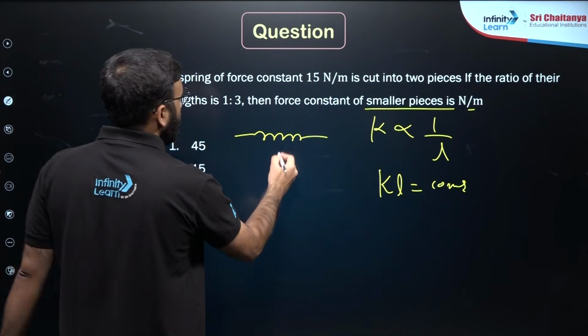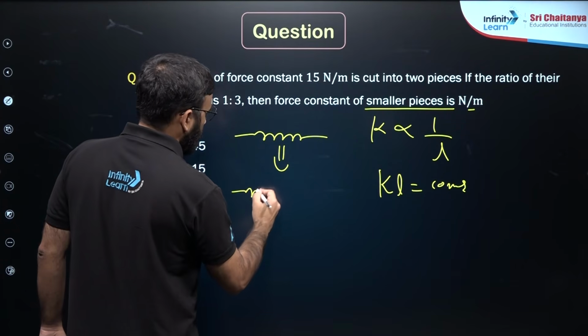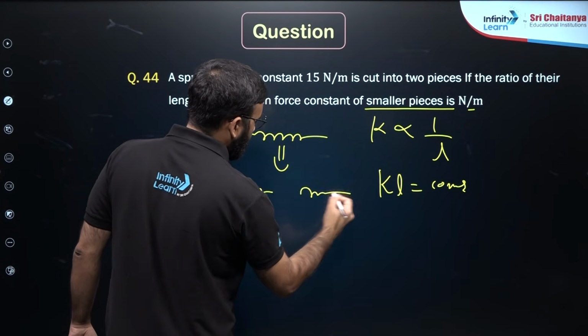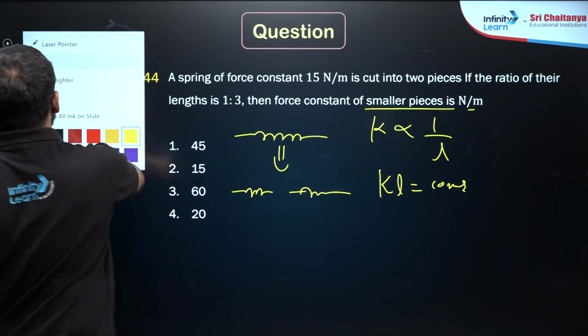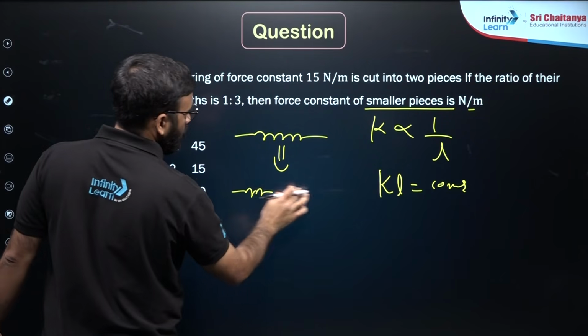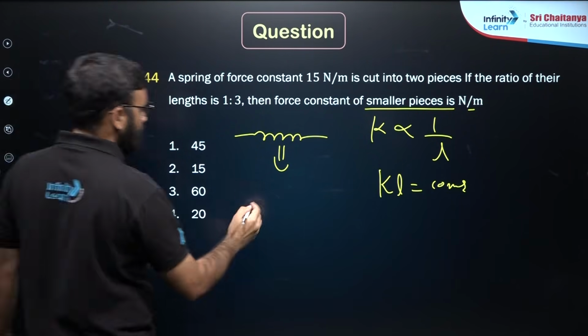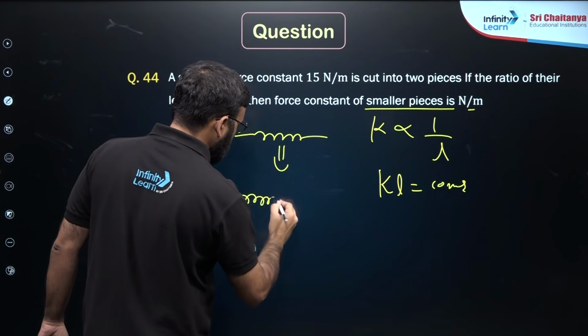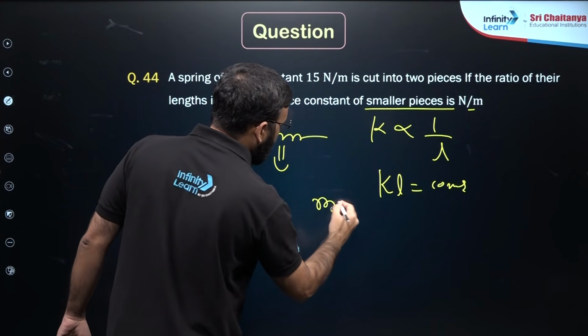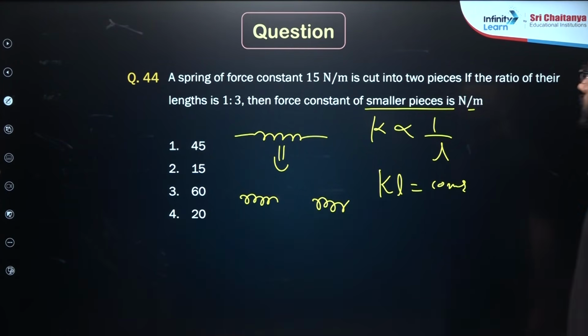So if I cut it into two parts, what is the length ratio? It is 1/3.